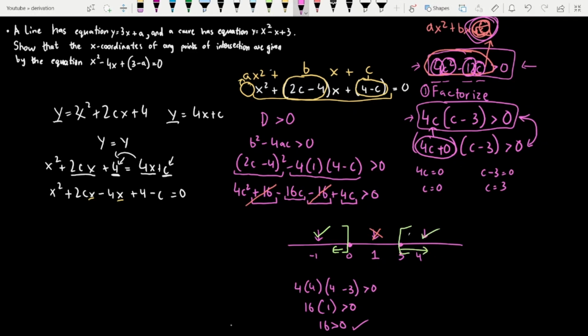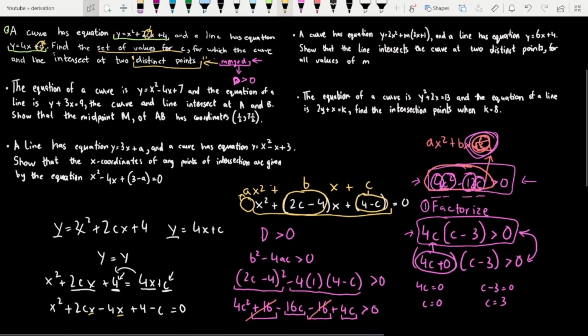So we got 2 correct reasons. One of them is basically going to be when c is smaller than 0 and c is greater than 3. So these are the set of values for c. And these set of values, if you go ahead and you look at the question, this was the question, it was this equation for the curve, this equation for the line, and they wanted you to tell them a set of values for c for which the curve and the line would intersect at 2 distinct points.